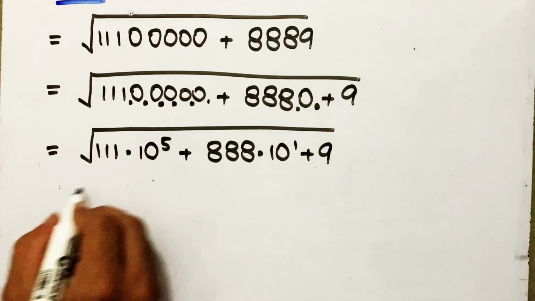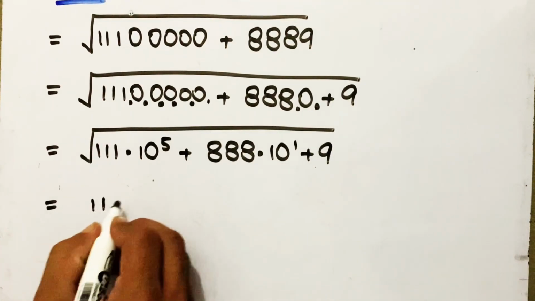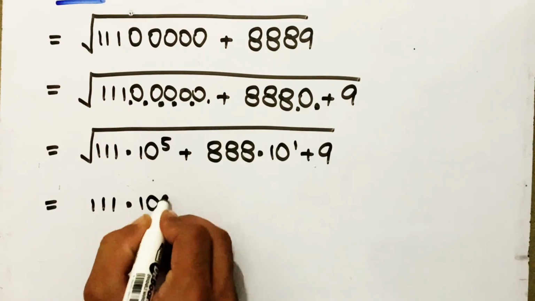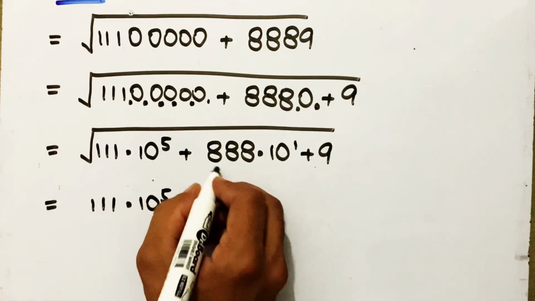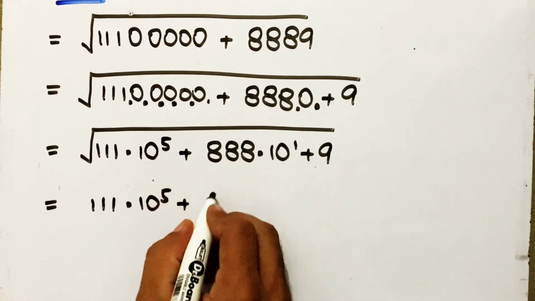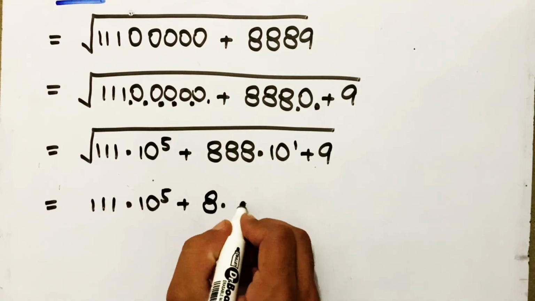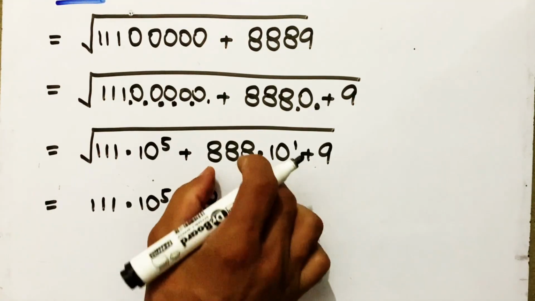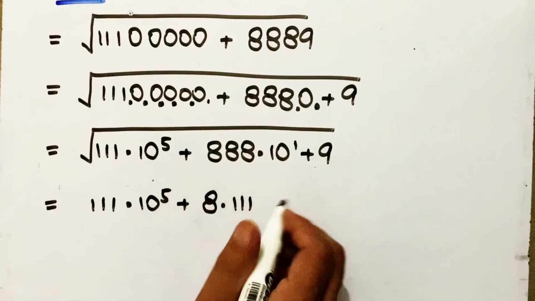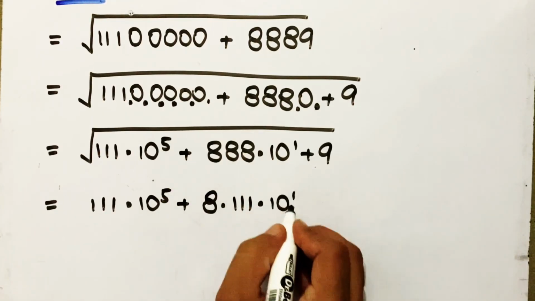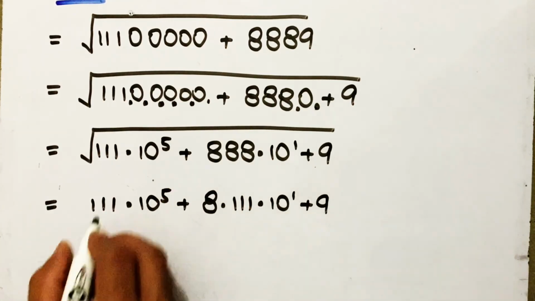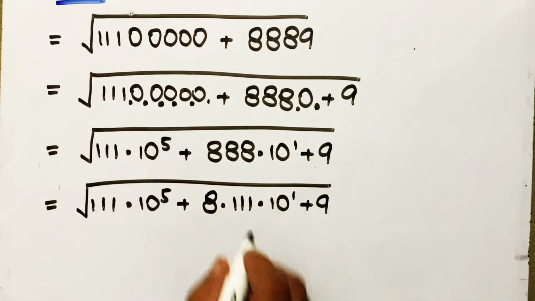So if I further solve, 111 into the 10 to the power of 5, plus 888 becomes 8 into 111, if I further break down 111 becomes 88 here into the 10 to the power 1 here, plus 9 here, square root here.